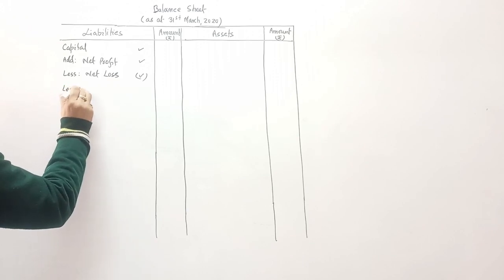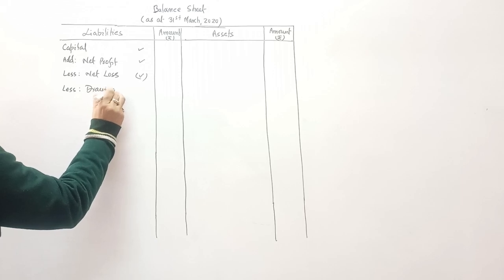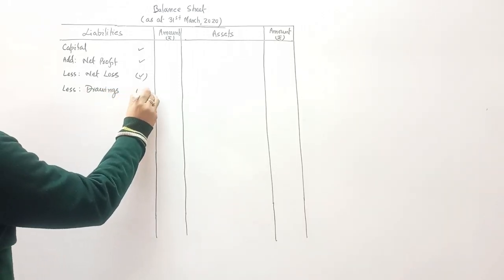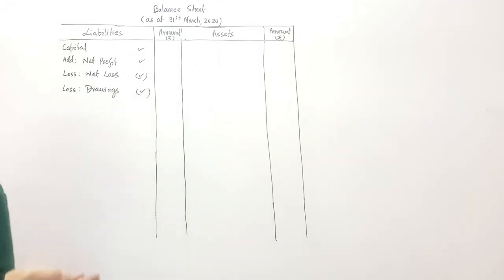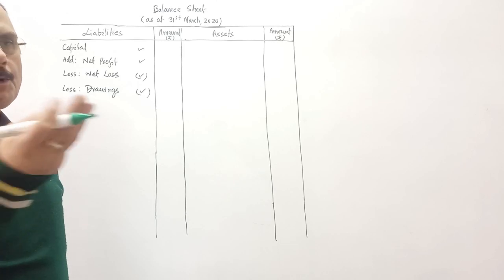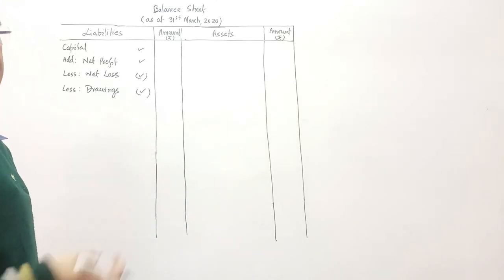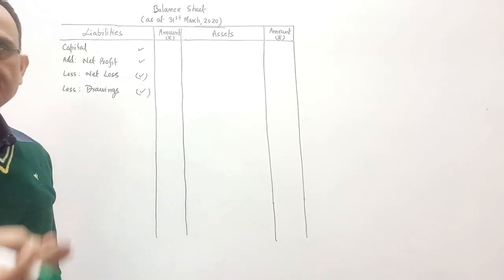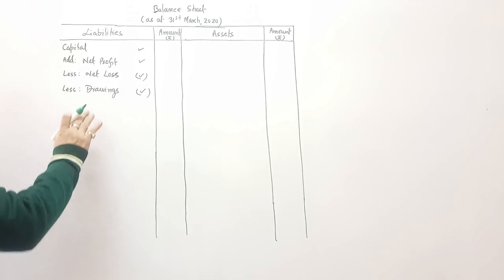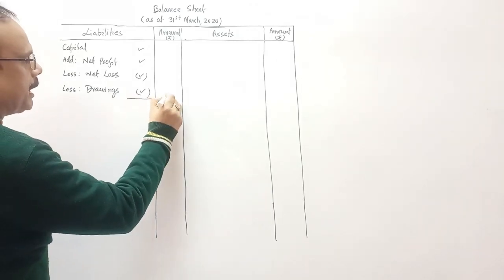Less drawings, which is by the proprietor. If the proprietor withdraws an amount for personal use, then you deduct the drawings. Drawings may be income tax, amount withdrawn for personal use, goods withdrawn for personal use, or any services of the business availed by the proprietor for personal use. So any drawings will be deducted and you write the rest amount in the outer column.